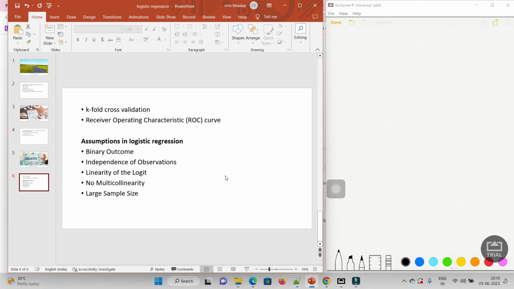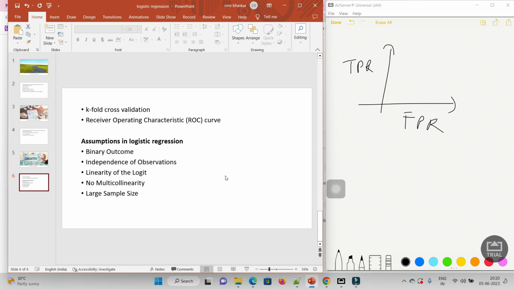Let's go on. By adjusting this threshold, we can control the model's sensitivity and specificity. The ROC curve is generated by plotting the true positive rate on the y-axis and the false positive rate on the x-axis. That means on the y-axis we will have the true positive rate, TPR, and on the x-axis we have the false positive rate.